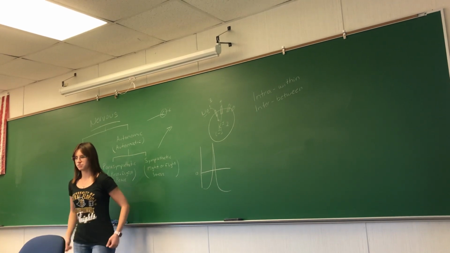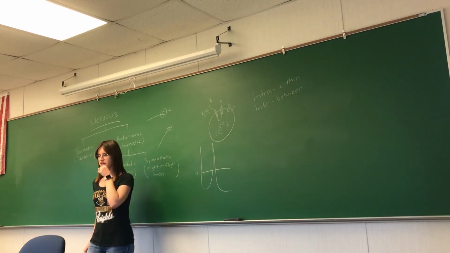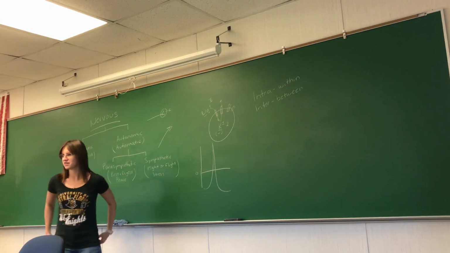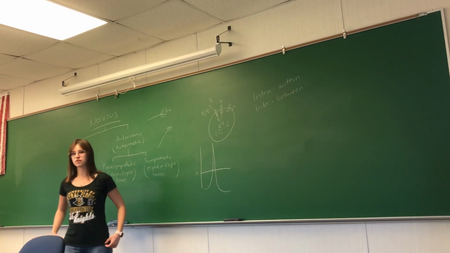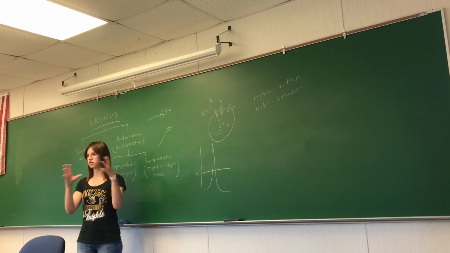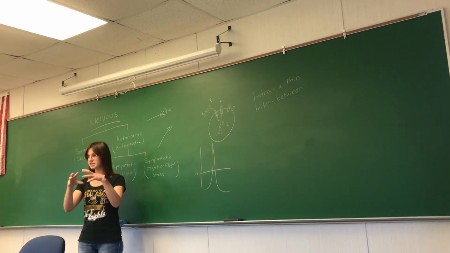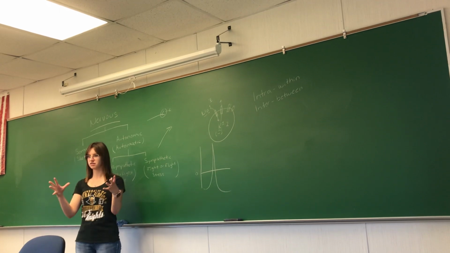I know it's a random thing, but it actually helps more than you think to know the difference, because it helps you figure out where you're looking. Are you looking at inside something, or are you looking outside something?